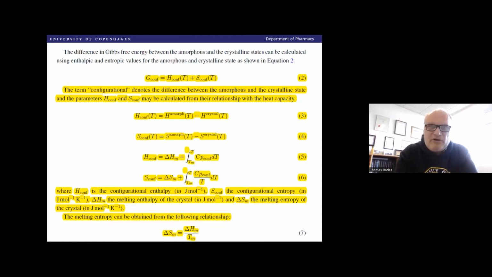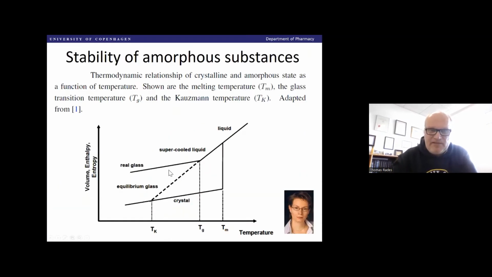So we were looking into this, and maybe I go one back and just say that if we have created an amorphous material at any temperature, anywhere on this line, then you can see that the amorphous material has a higher energy than the respective crystalline form. This higher energy means that it has a higher solubility, but unfortunately it also means that it has a tendency to go down this path and crystallize back.